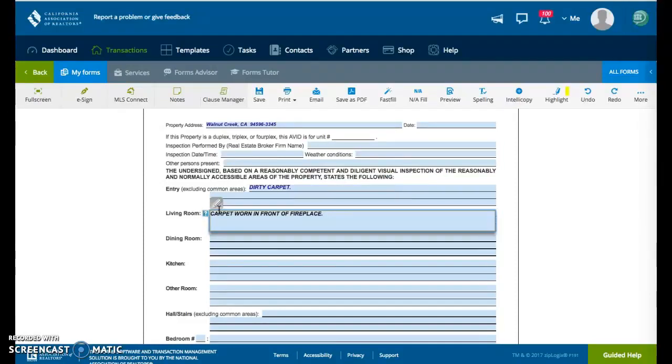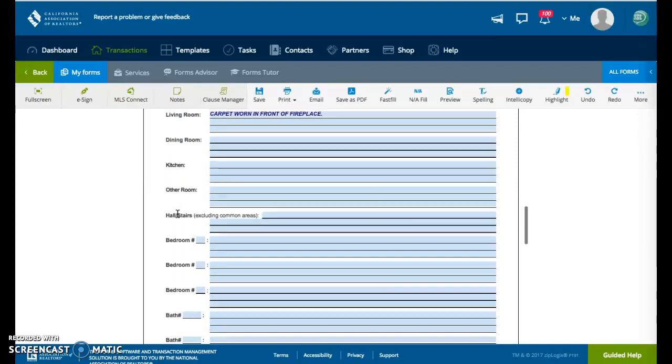Now the carpet could be totally blackened by the fireplace and the use over maybe 20 years or 30 years or whatever. We can't really talk too much about the severity of the condition of the things that we see. So I couldn't say carpet very worn, or carpet severely worn. The reason why is because what I think is severe may not be so severe to other people.